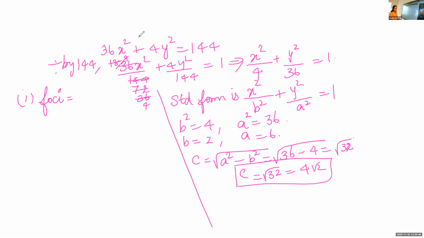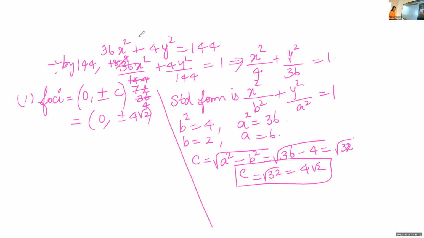So on y-axis, x coordinate will be 0. So the focus is given by 0, plus or minus c. Once you find out a and b, find c. Focus is 0, plus or minus c. So 0, plus or minus 4 root 2 is the focus.